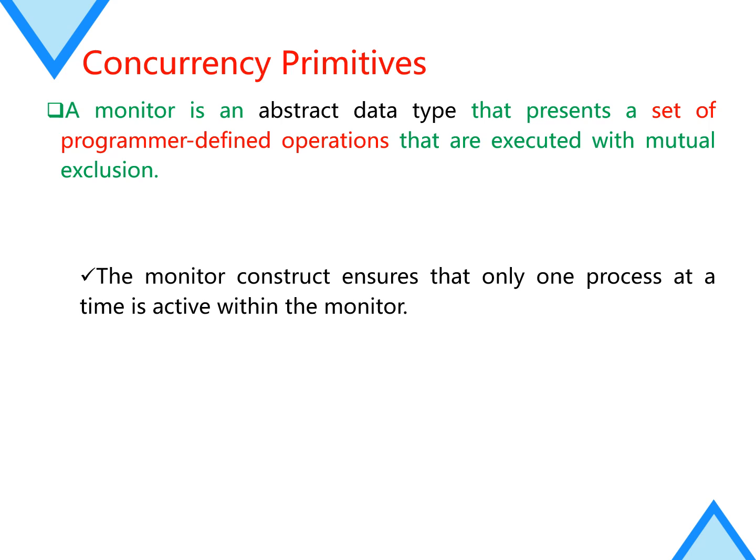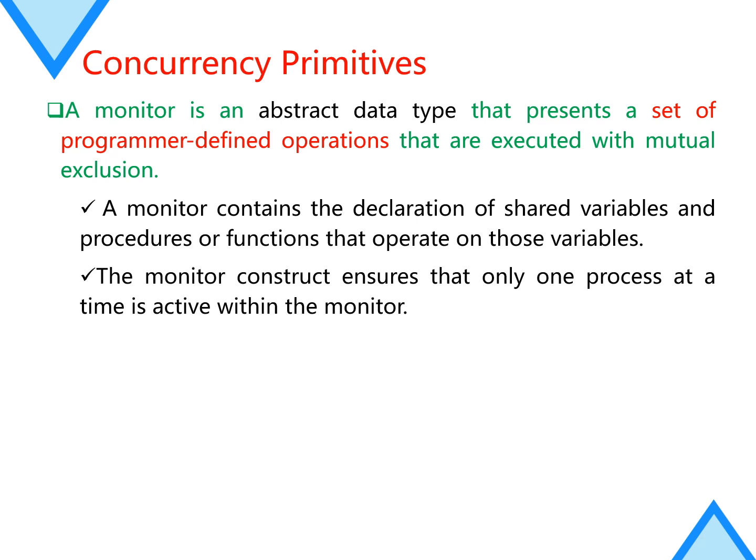So a monitor is an abstract data type that represents a set of programmer-defined operations that are executed with mutual exclusion. Actually, that is a set of operations on semaphore and mutex in order to execute multiple threads with mutual exclusion.